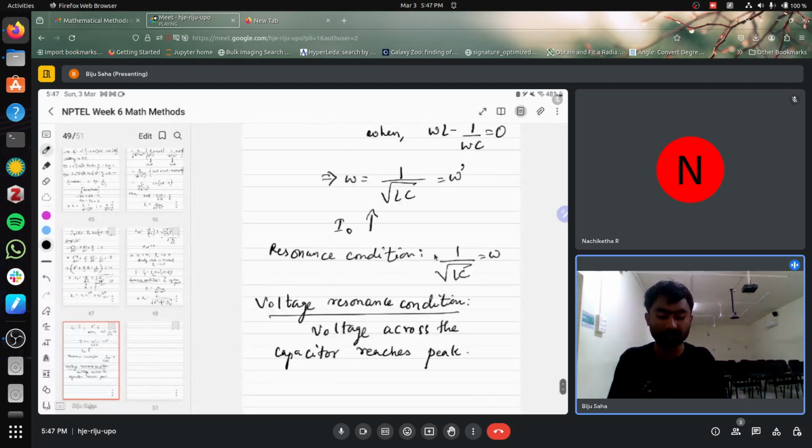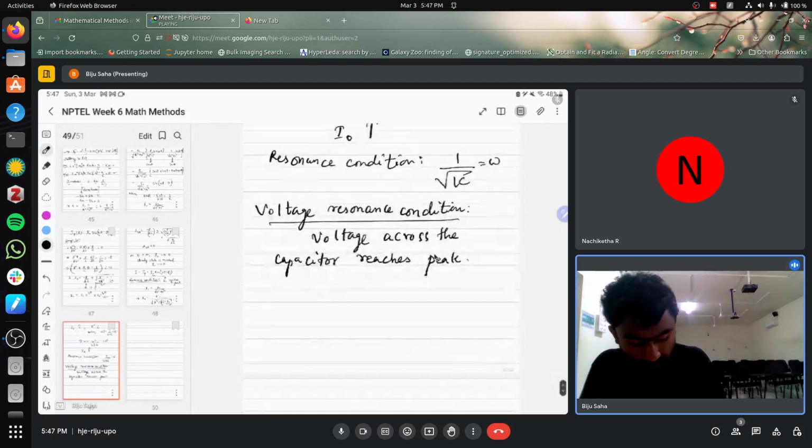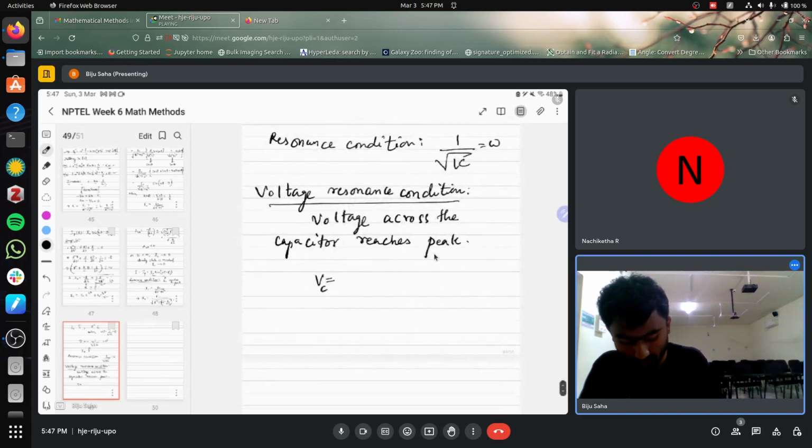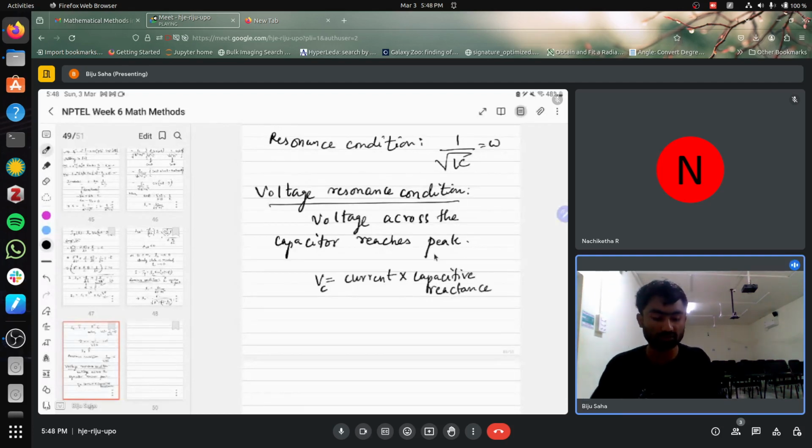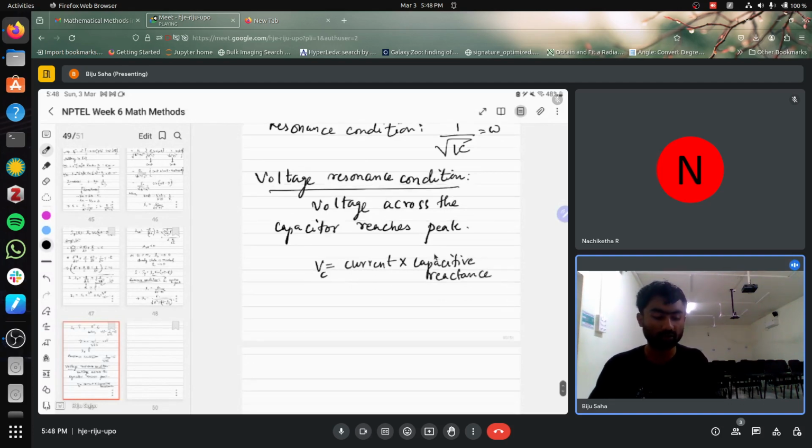Since we have obtained the current in the circuit, the voltage across the capacitor would be the current times the capacitive reactance. For non-linear elements, the resistor is a linear element, an ohmic device, but the capacitor and inductor are not linear elements. So we use the term reactance in place of resistance.